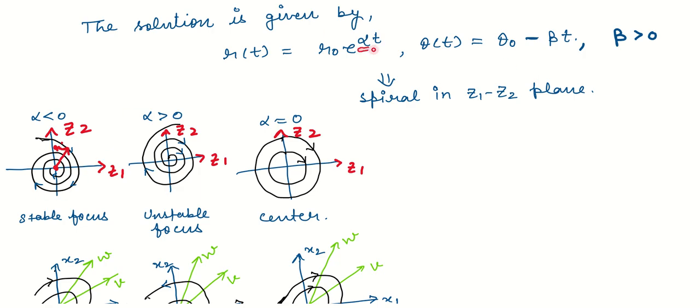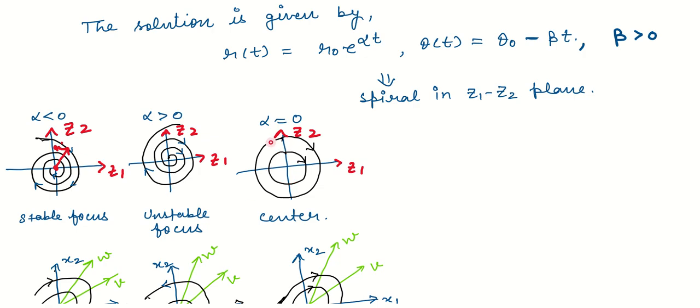Now, if alpha is greater than 0, then the distance from the origin will increase. You can clearly see that the distance from the origin is increasing. And if alpha is exactly equal to 0, in that case, it will be simply r naught. So r naught means for all time t, the distance from the origin will be the same.